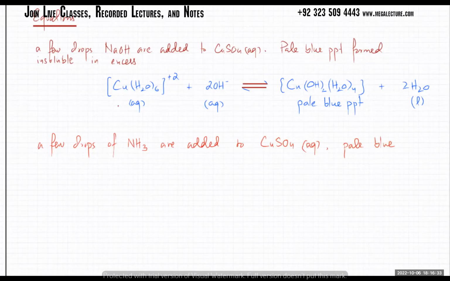So when you add ammonia, a pale blue precipitate forms, which dissolves in excess ammonia, giving a deep blue solution.